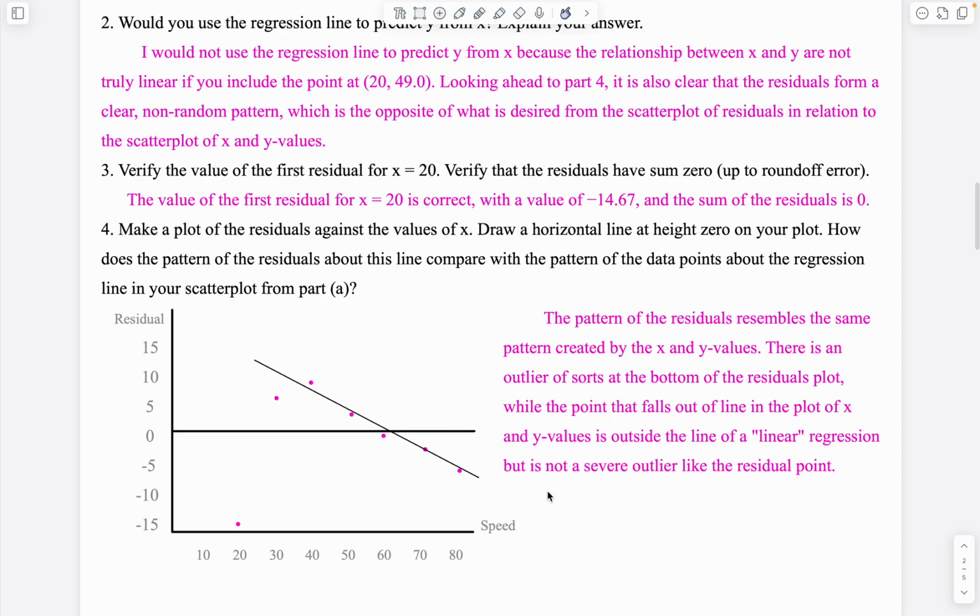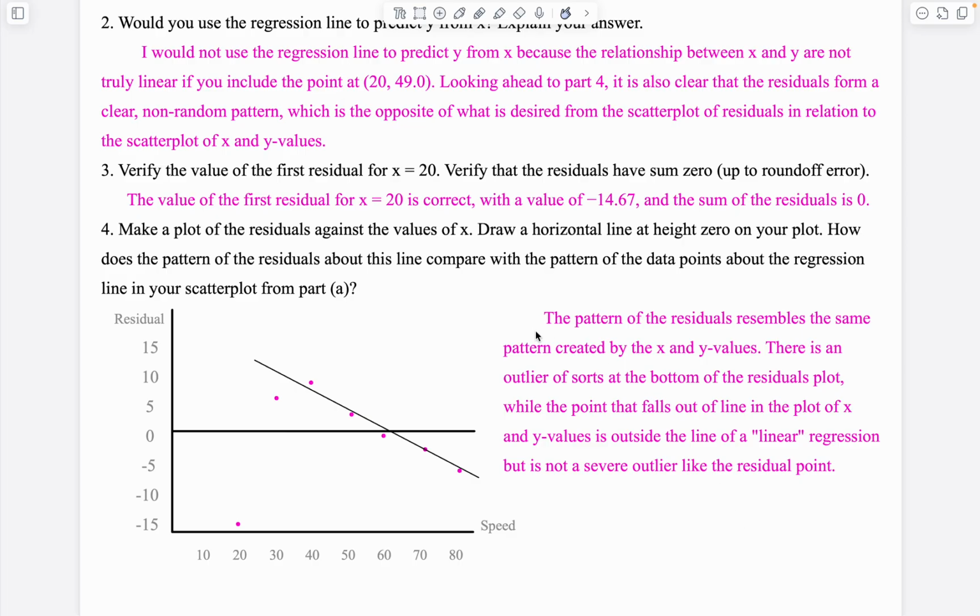And because the graph of the residuals is not random, that is not what we would look for in a residual plot, because using plots like this, you look for a linear regression in the x and y values, but you are hoping to find randomized residual points so that it means that they're not completely following a pattern.